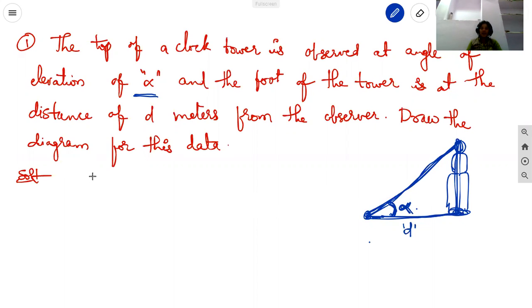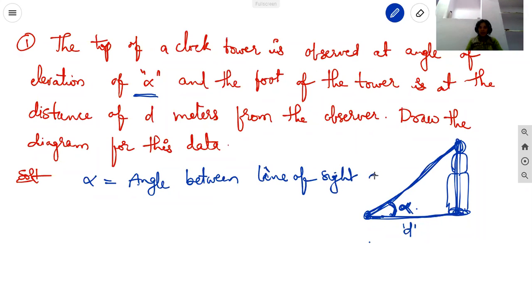Okay, here alpha is equal to the angle between the line of sight and the horizontal line.